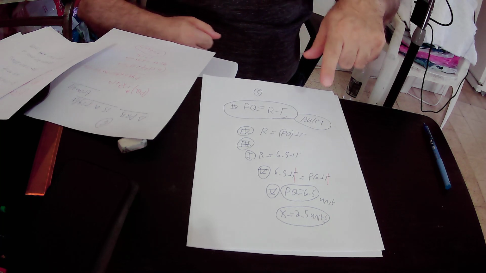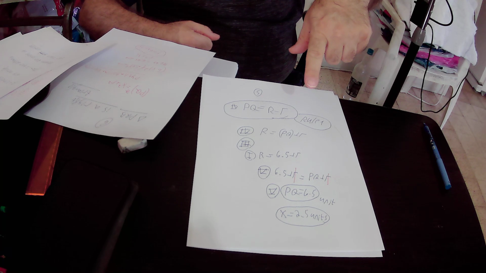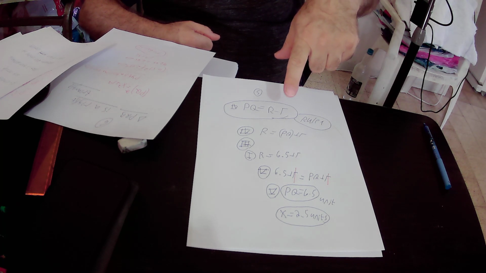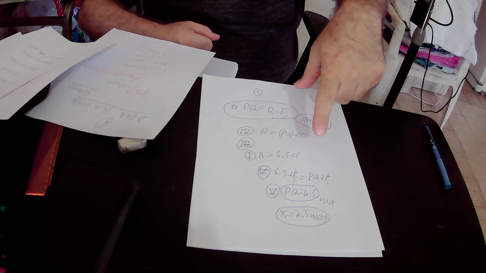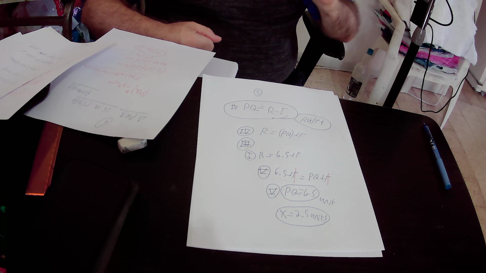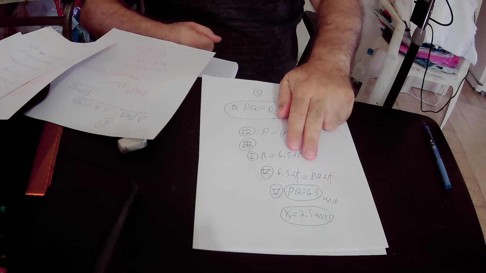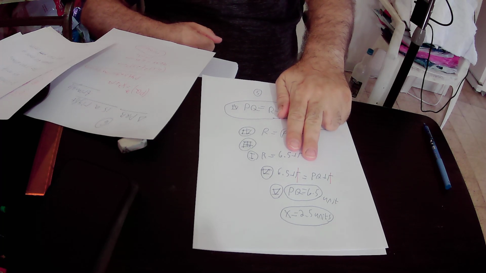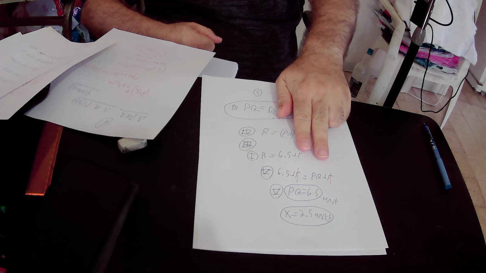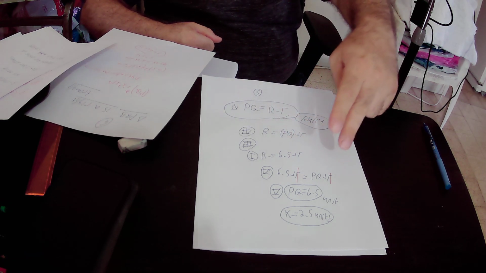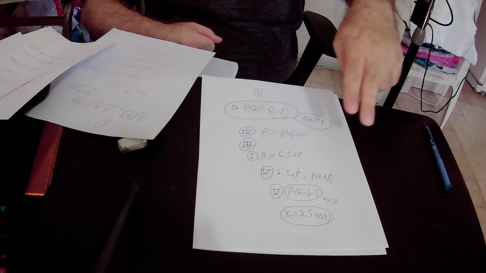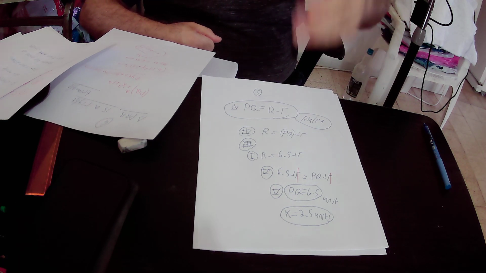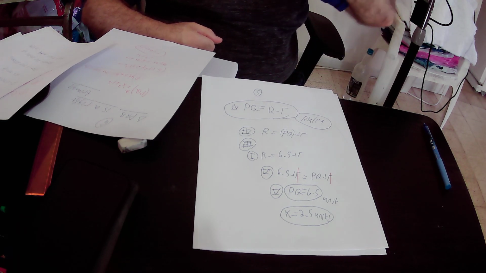By comparing them, we will get that PQ equals 6.5 units. Because here in equation number 5, 6.5 plus small r equals PQ plus small r. So small r is cancelled because we have small r on both sides of the equation, and we got the value of PQ equals 6.5 units.